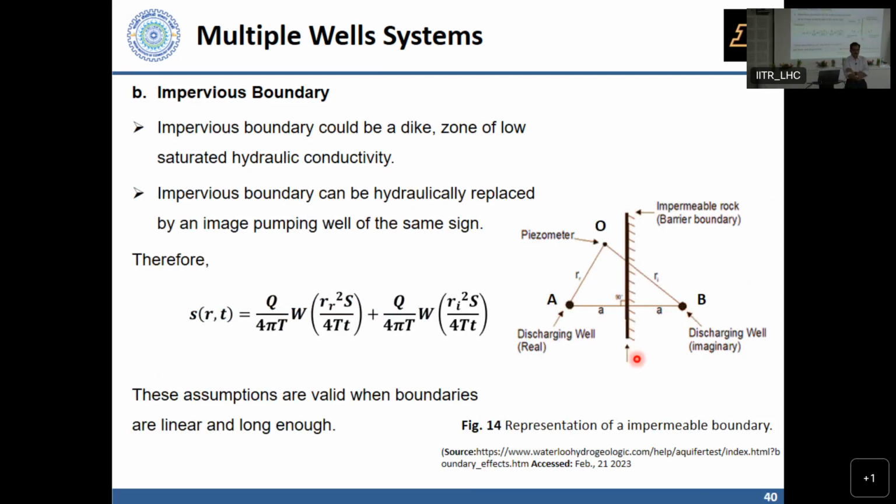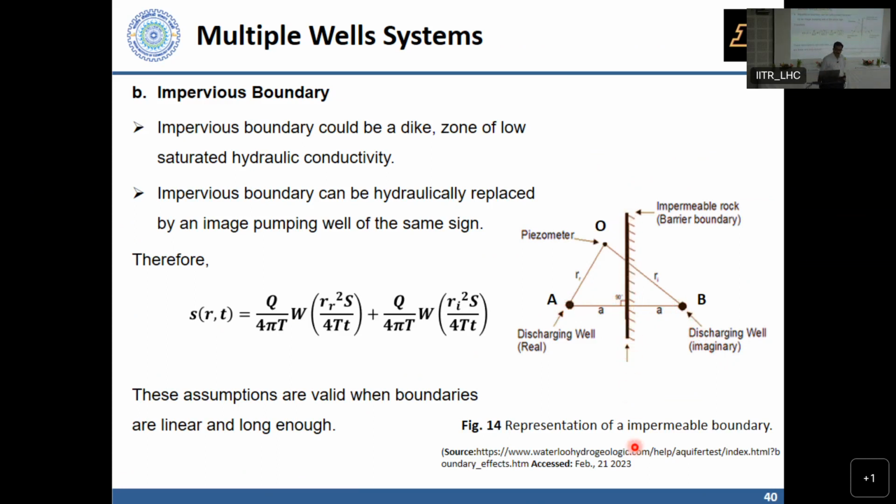A rock boundary. What's that? A rock outcrop, solid rock, which doesn't have any pores. Yes, the boundary. Instead of keeping that imaginary, we can keep a no flow boundary. True. Well, my question is, why is it that having an image well with the same sign as the real well simulates a zero flux boundary over here?